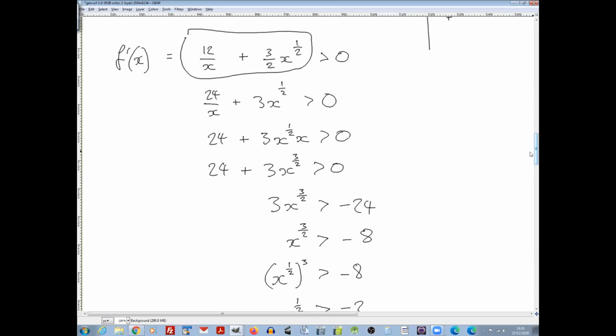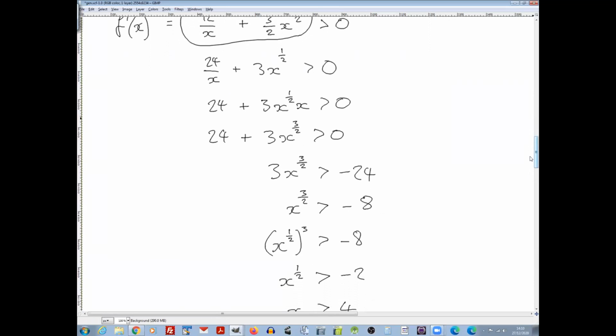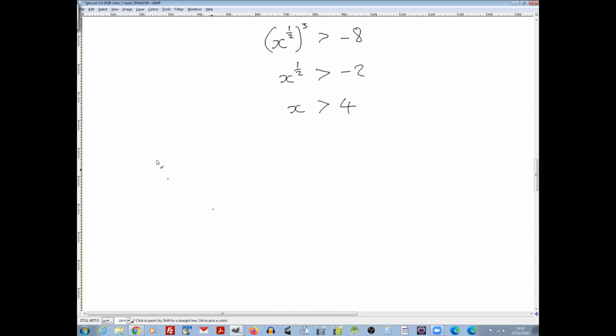Okay. So let's do that. 12 over x plus 3 halves x to the half is f dashed of x.